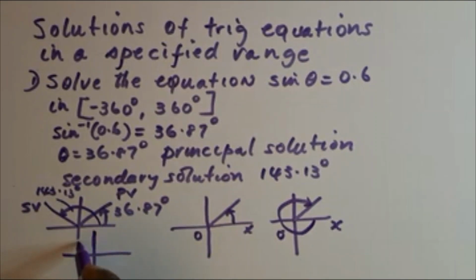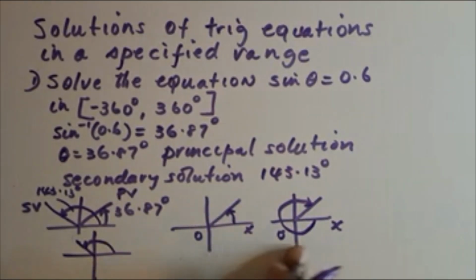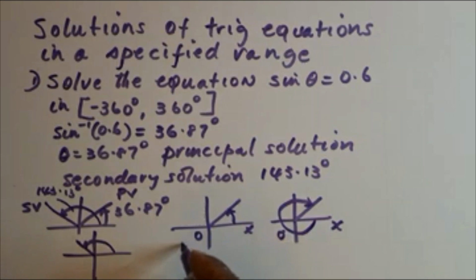And for the one in the secondary value in the second quadrant, which is that value, and a corresponding angle measured from the positive x-axis, I'll just put that over here.